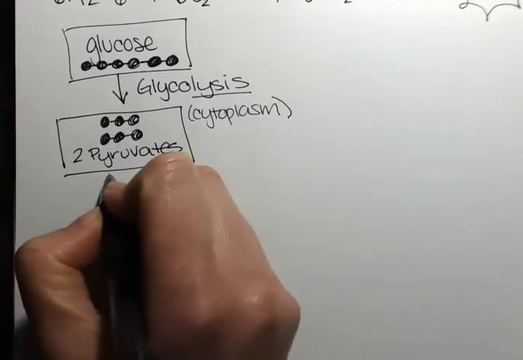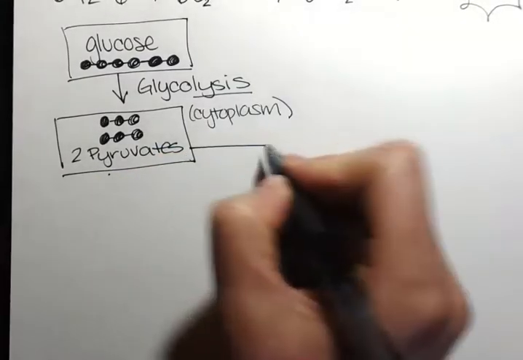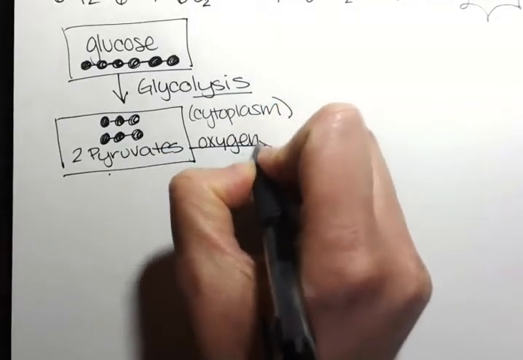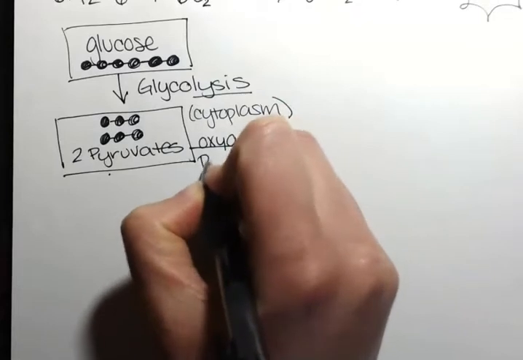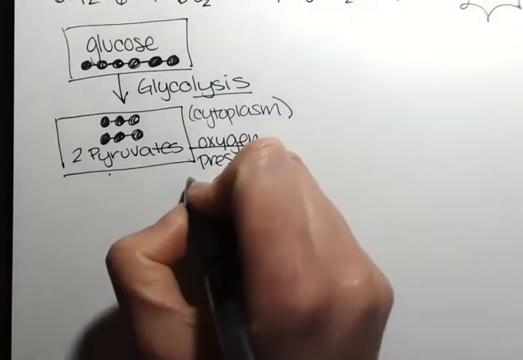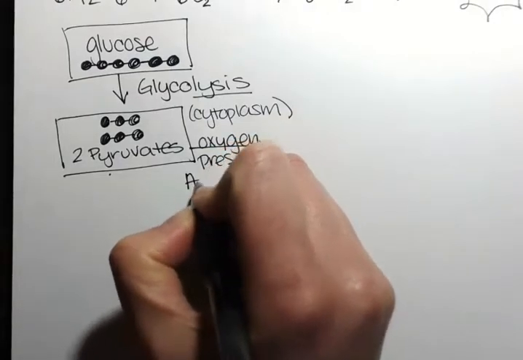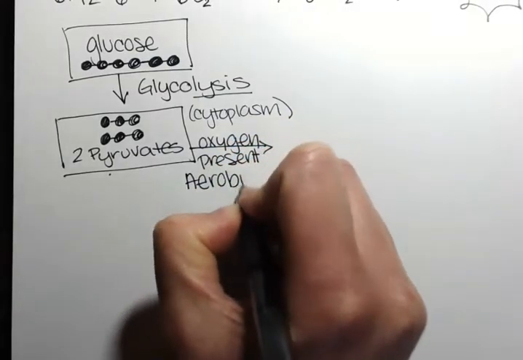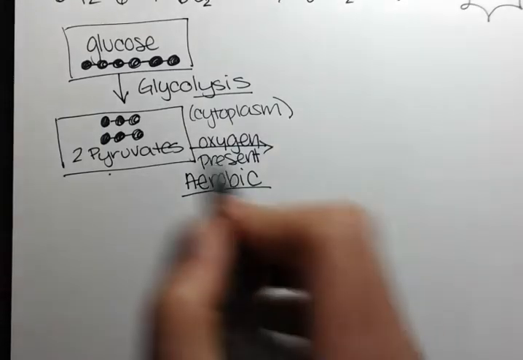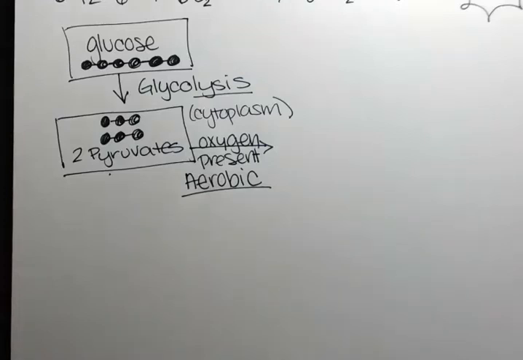Do you have oxygen or do you not have oxygen? So if there's oxygen present, then you have something called aerobic cellular respiration. A-E-R-O-B-I-C. Aerobic, like you do aerobics, you need to breathe really deeply, or at least I do. That's aerobic cellular respiration. And that's the one that we're normally thinking about when we talk about cellular respiration.